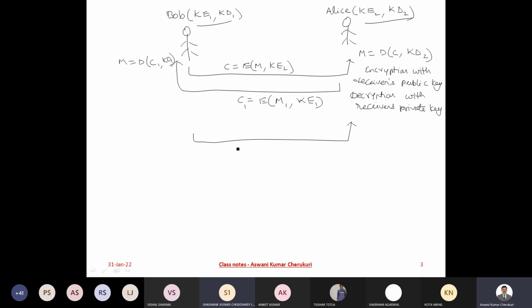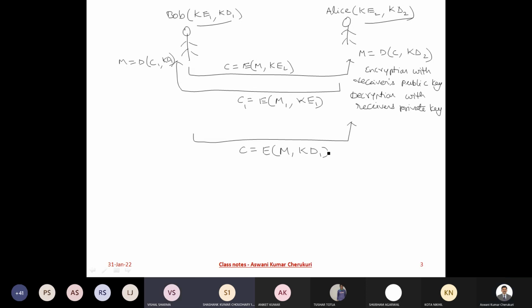The message is M, and C is equal to E of M comma, where I am encrypting with the private key of Bob.